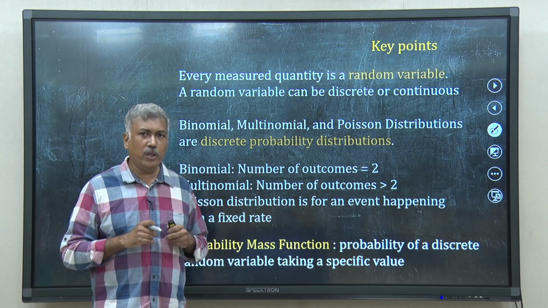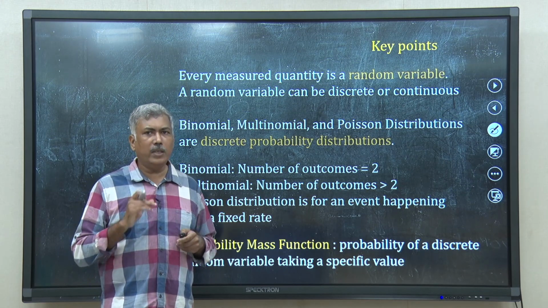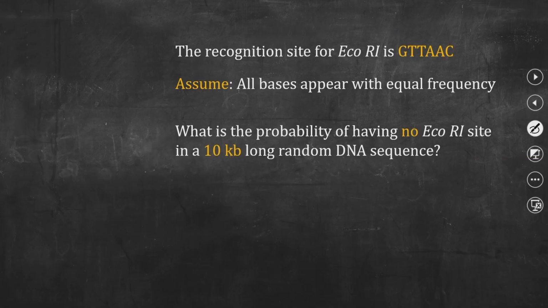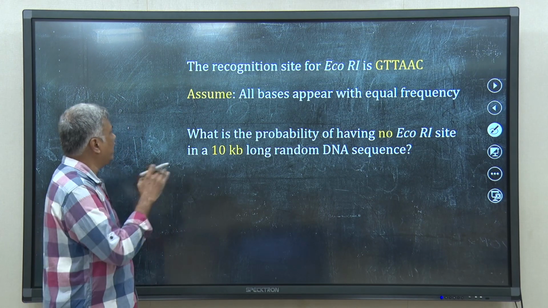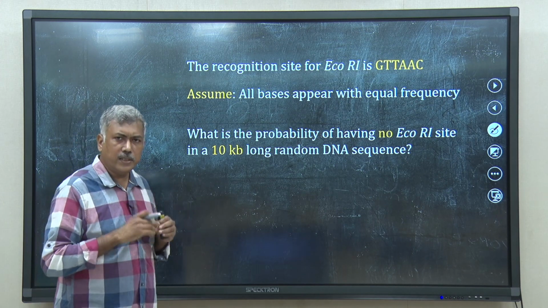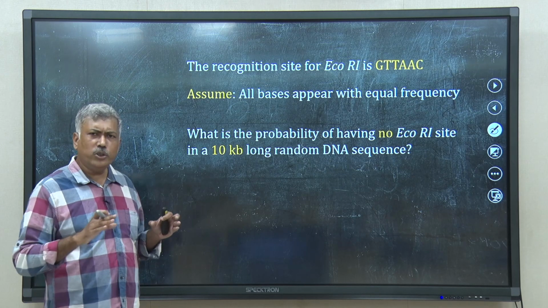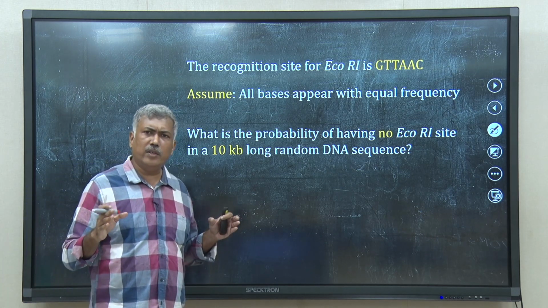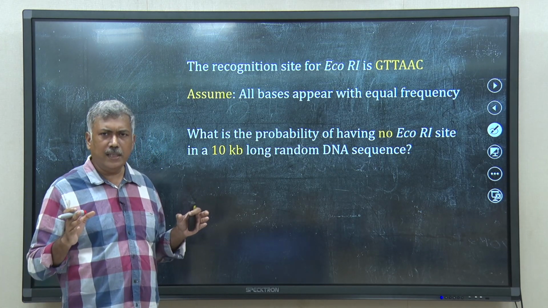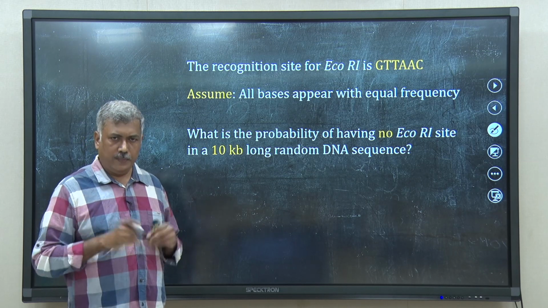That is all for this video, but before I leave, let me give you a problem to solve. Suppose we are analyzing a DNA sequence, and I have written the recognition site for EcoR1, GTTAAC, and you assume that in a random DNA sequence given to you, all the 4 bases appear with equal frequency.